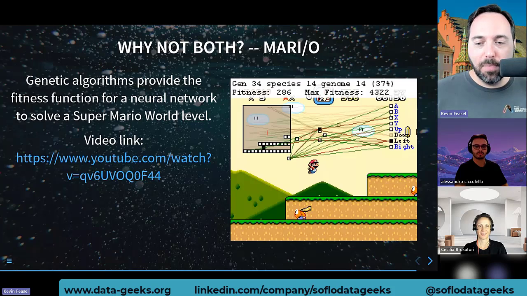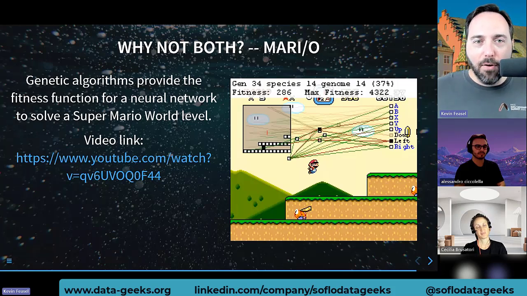It's a really neat bit of code that a person wrote, called Mar.io, and it uses a neural network to play Super Mario World, the first level, and it uses a genetic algorithm to figure out the fitness of a particular playthrough, a particular round.